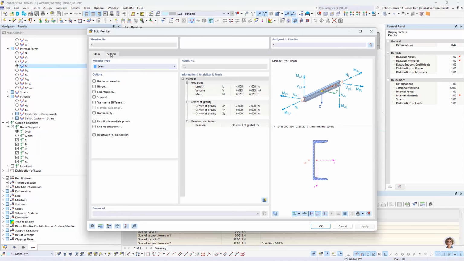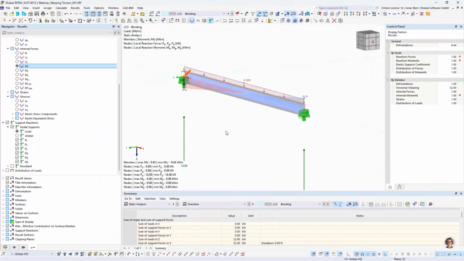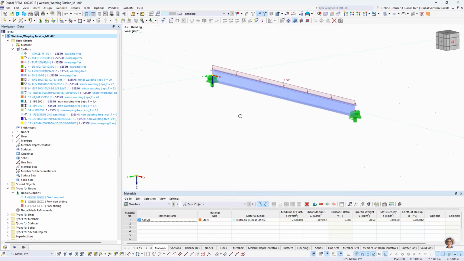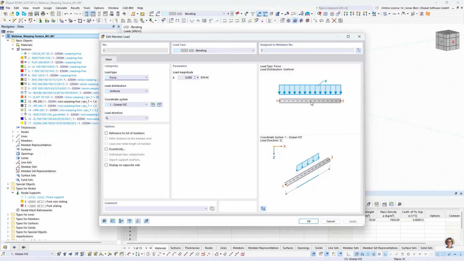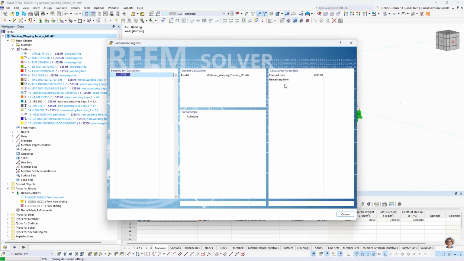Let's again make this an I section because we want to keep it simple and clear what we are doing here. So we again change back to our double symmetric section, and we apply a constant moment load of 1 kilonewton meter per meter. And how does it actually look when we perform this analysis?